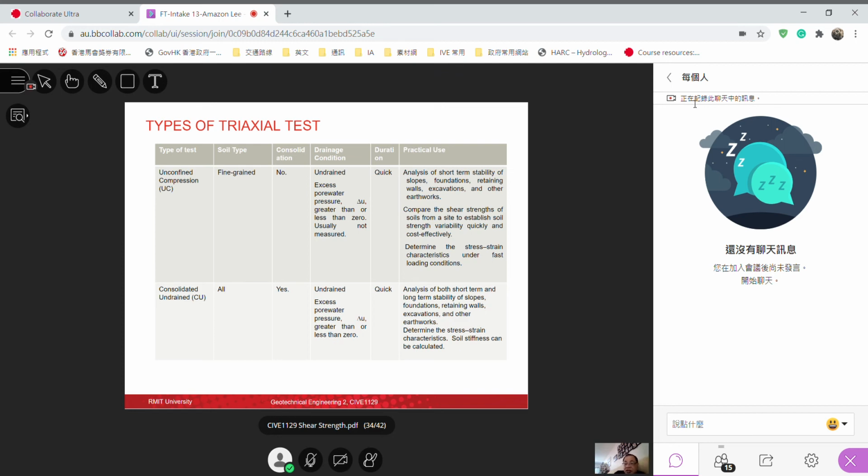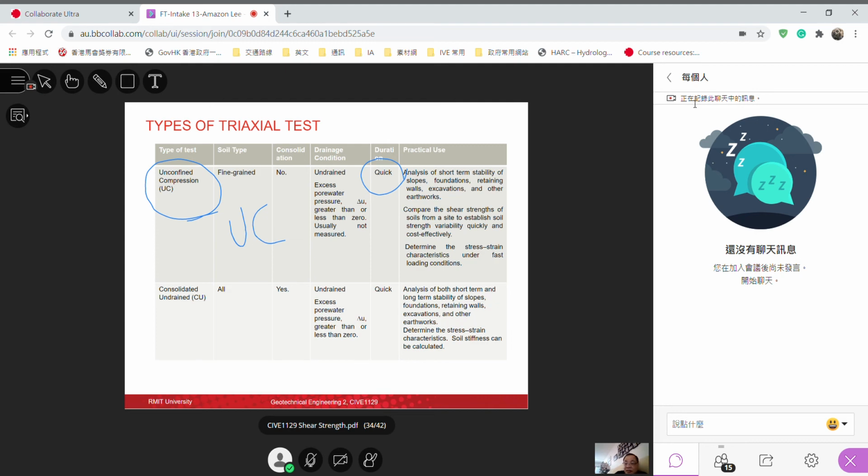So there's many different tests you can come out with. You can turn it into an unconfined compression test. It's not too reliable, but it's very fast, very low cost. It's a quick test, but result not too reliable. But it's quick, just helps you do a rough check.